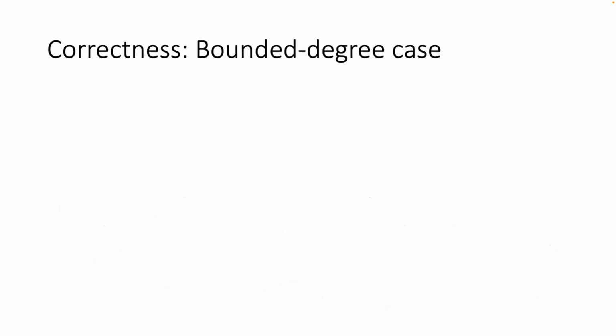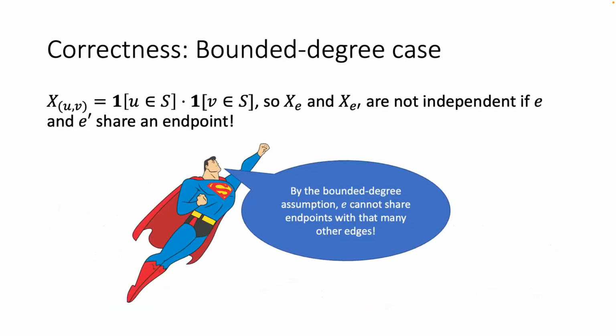In order to make the correctness work out, you need to rely on the fact that this is a bounded degree graph, which means that each edge cannot share endpoints with that many other edges. So whether each edge shows up in the induced subgraph is independent of all but a constant number of the other edges which might show up.